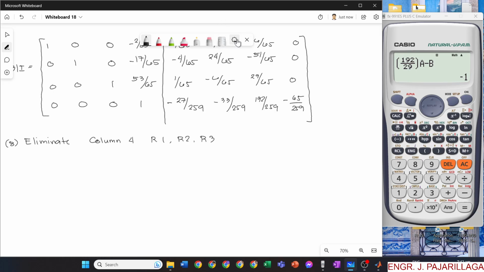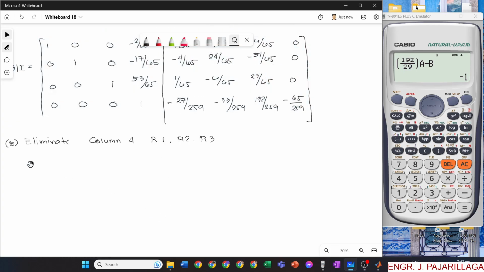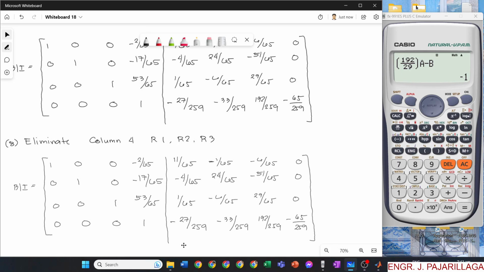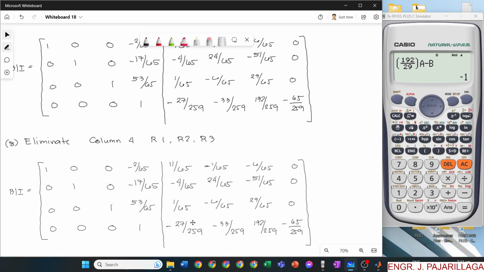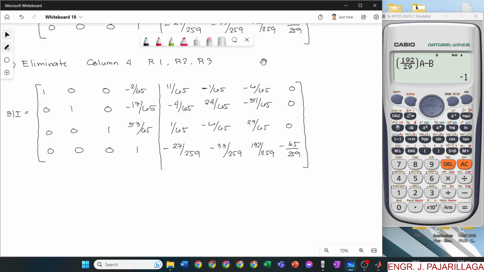So, ikakopy ko muna to, and then we will check kung ano yung magandang operations to cancel those elements. Okay? So, paste ko lang. Ayan. So, tingnan natin kung ano yung operations na i-apply natin to eliminate this one. Okay? So, sige.